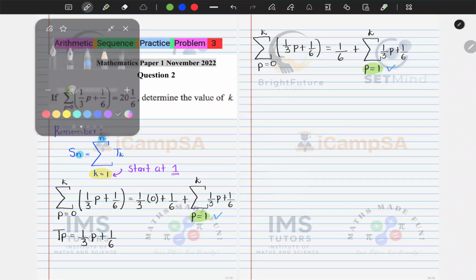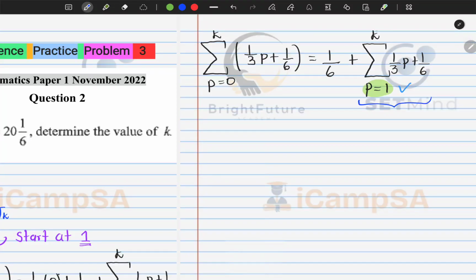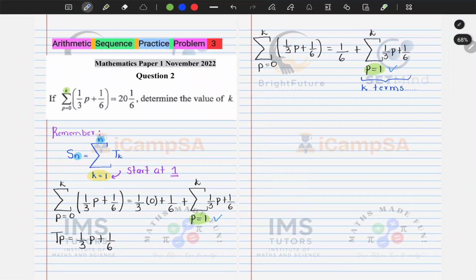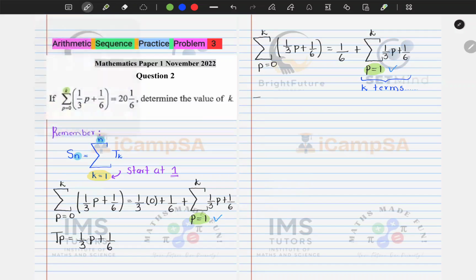So what we know from this sigma sign here, or from this portion here, is that what sits there tells us of the number of terms. So it means that we have k terms. So what I'm going to do then is to use our summation formula to be able to solve for the k. So if you think carefully, I can find tk.